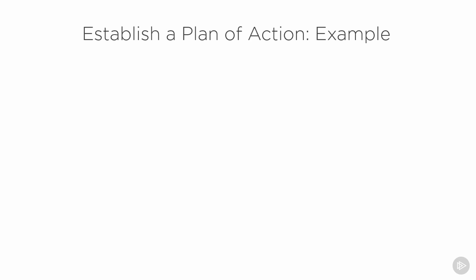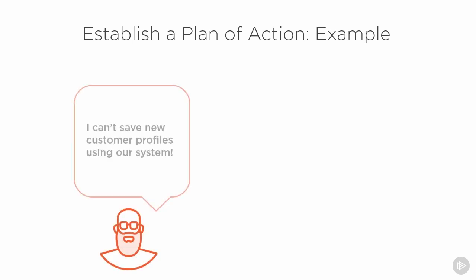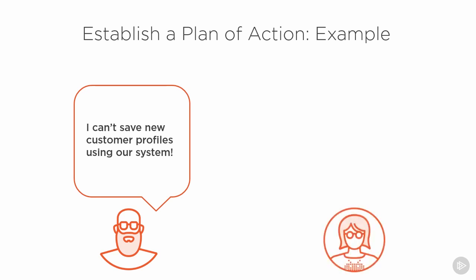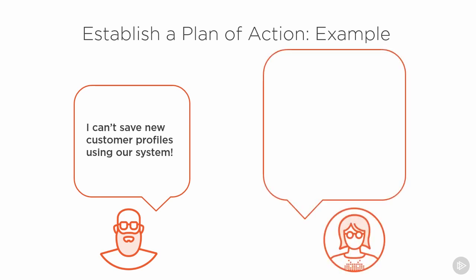Now back to our sample problem where we've got a user that can't save new customer profiles to a custom system, we then have to consider what our plan of action will be. And that will vary widely depending on the theories we've come up with as to the problem cause and the results of our testing of those theories.